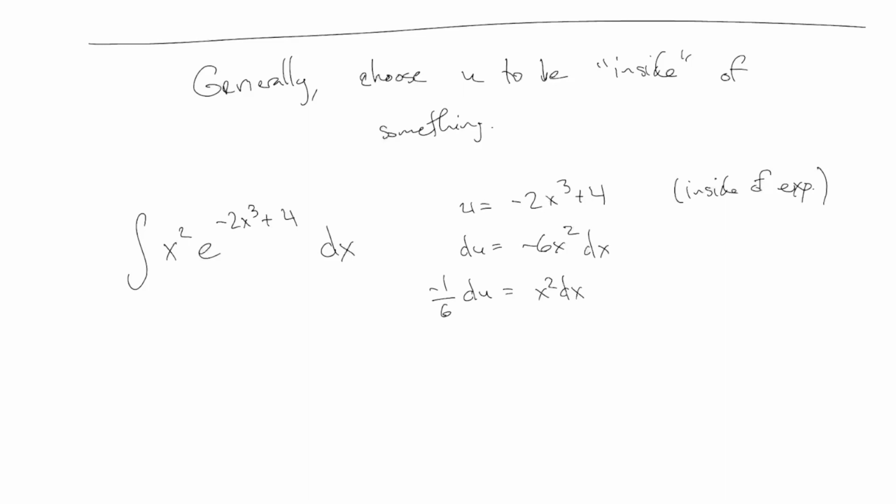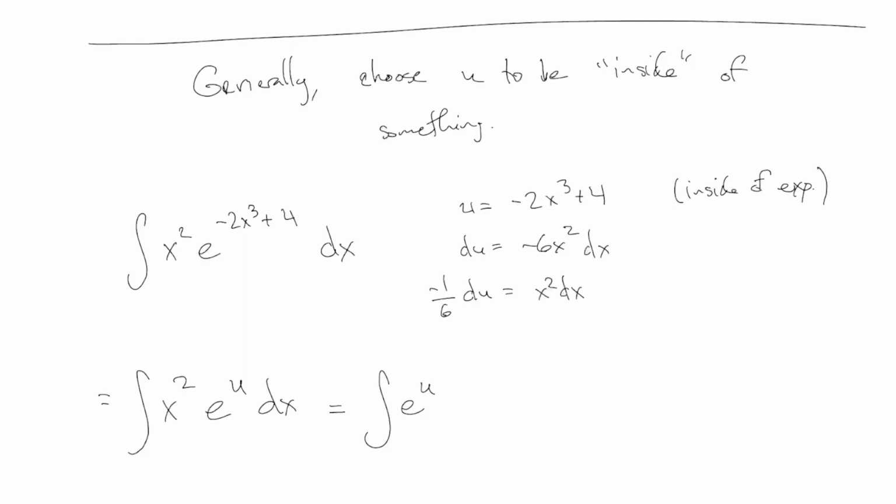Usually you're going to get a constant in the du part, and it's almost always appropriate to divide it over to the other side. All right, now we go back to the integral and try to plug stuff in and turn everything into u's. So the first thing to do is just put u directly where it is inside the exponent. So that would just be x squared e to the u, right? That is placing the u where it goes in the formula. And then I will do my little gathering step, rearrange a little bit.